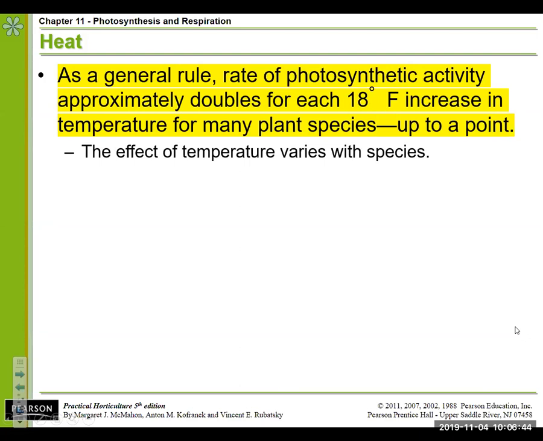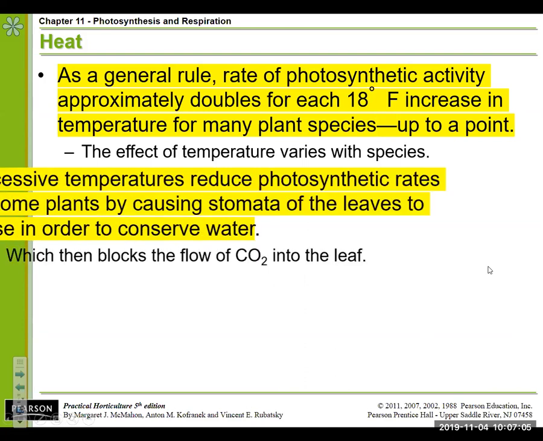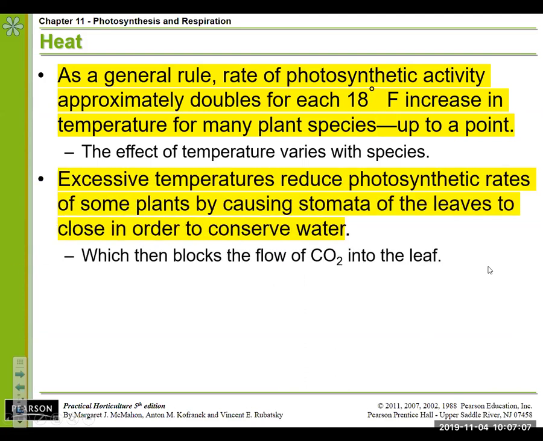So in terms of heat, photosynthetic activity will approximately double for each 18 degrees increase in temperature for the average plant species, up to a specific point where you reach the optimal temperature for growth or the maximum temperature. And of course, that effective temperature varies with species, whether it's a warm season or a cool season plant.